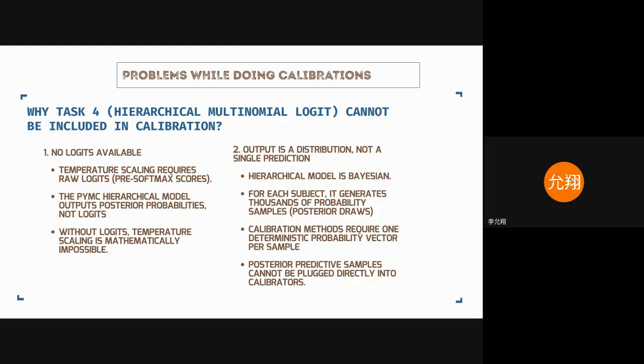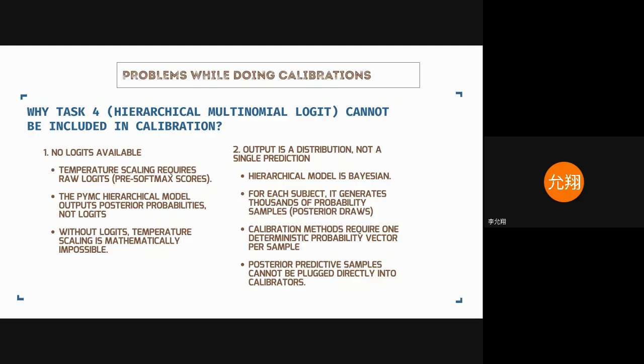So without logits, the method is mathematically impossible to apply. Second, the hierarchical model is Bayesian, meaning it generates a distribution of predictions rather than a single deterministic probability for each sample. Calibration methods require exactly one probability vector per data point, so posterior samples cannot be directly calibrated.